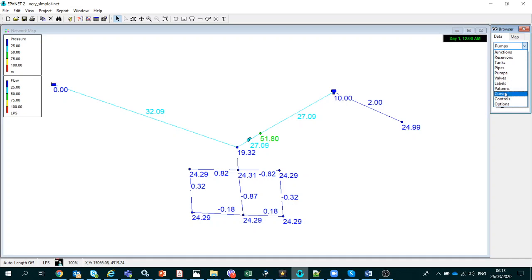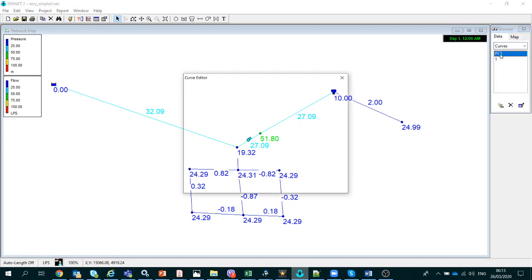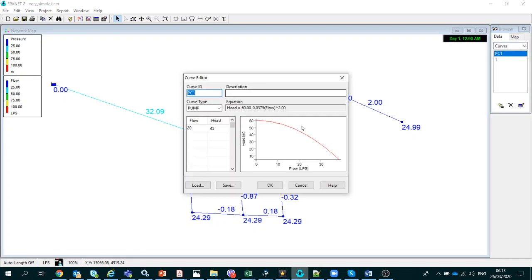Now, go to curves and have a look at your pump curve. So this is the curve I was talking about, showing that manufacturer's curve. If you digitize values from manufacturer's curves, you can give a number of values here, and EPANET will take them and construct the pump curve exactly as in the catalog. But for the moment, let's not bother about it. Remember these two numbers, 20 and 45.